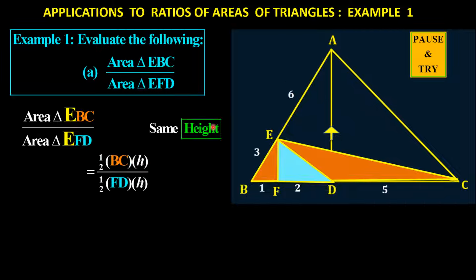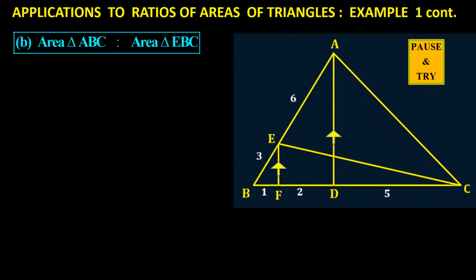And if they have the same height, I can just use half BC, because BC is the base of EBC, and FD is the base of EFD, because E is the vertex that I have there, and there's the base BC and the base FD. We can simplify by cancelling out the halves and the heights. So now we only have to substitute BC over FD. BC is 1 plus 2 plus 5, which is 8. And FD is 2, and that gives me 4.